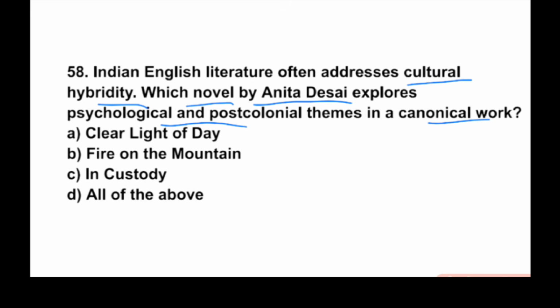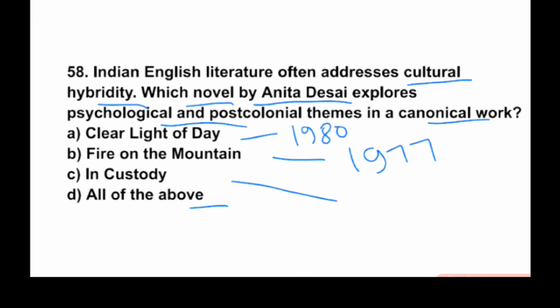Option D, all of the above. Desai: Clear Light of Day, 1980; Fire on the Mountain, 1977; and In Custody, 1984.